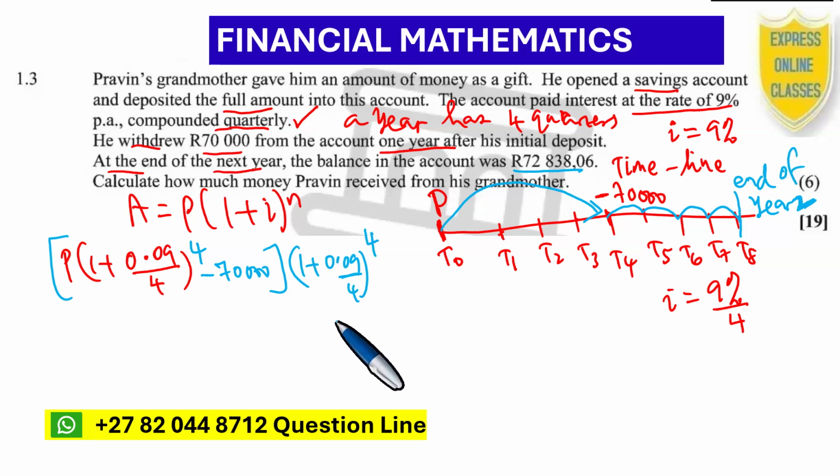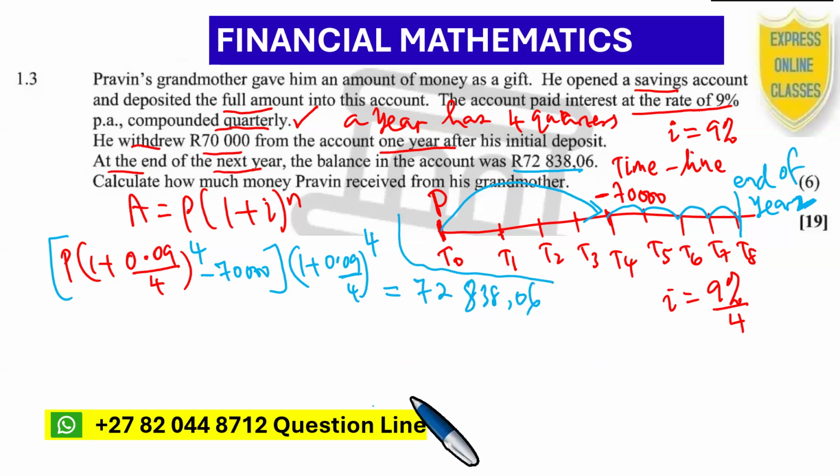So now it is exactly the same as what? 72,838 rand and 6 cents. Right. So this is the amount of money that's going to be there.